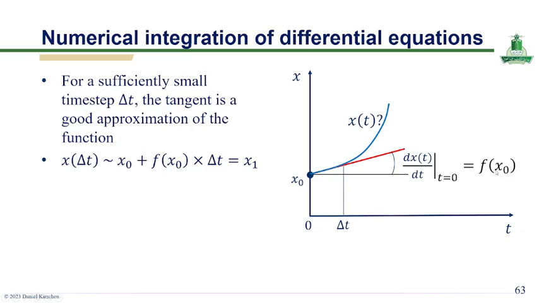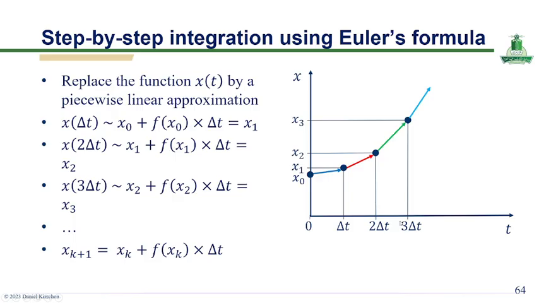The next value of the state variable can be estimated as x1 equal to x0 plus f(x0) times delta t. This approach is the foundation of the Euler numerical integration method, where the system response is calculated step by step over time using small intervals.